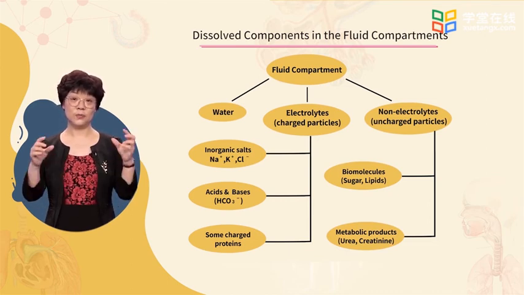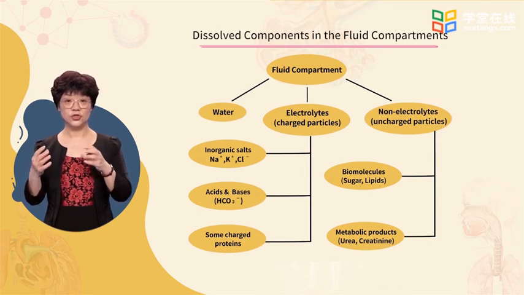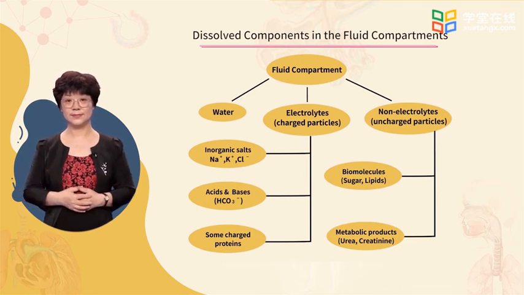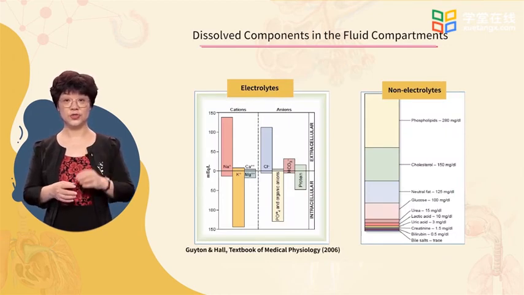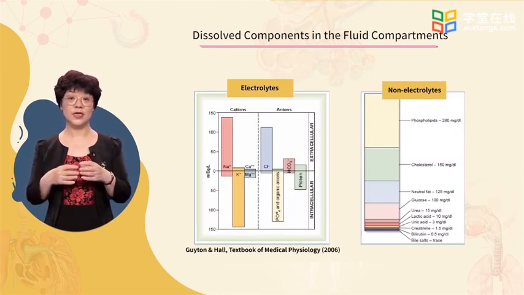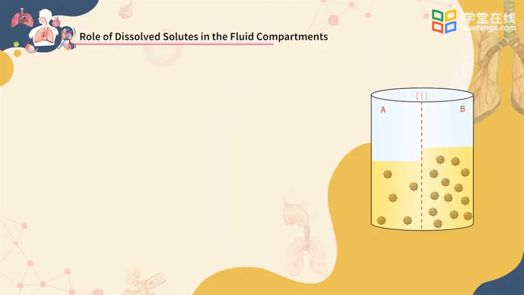These solutes are within a certain concentration range in each compartment. This figure shows the average concentrations of these solutes in each compartment. Let's discuss the role of solutes quickly.